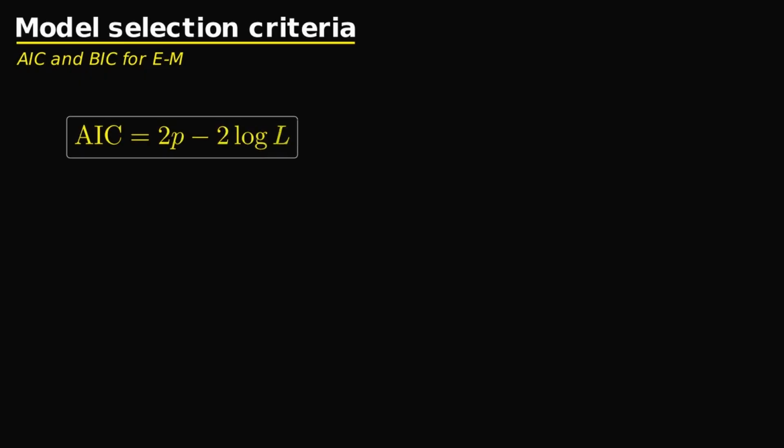We now have a way to evaluate model fit through the log likelihood. Increasing the number of components always improves the fit, but we also want to keep the model simple and avoid overfitting. This leads to model selection criteria. The Akaike information criterion, or AIC, is defined as 2p minus 2 log L. The two terms act in opposite directions.